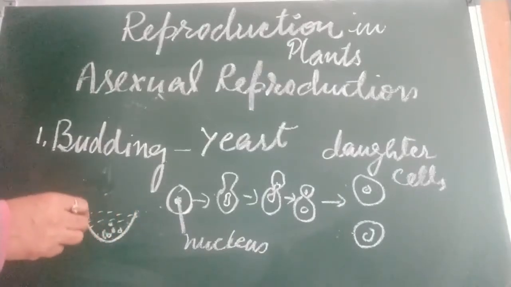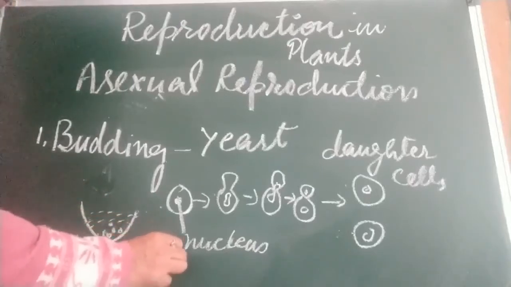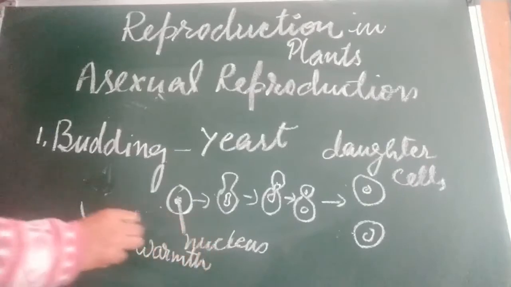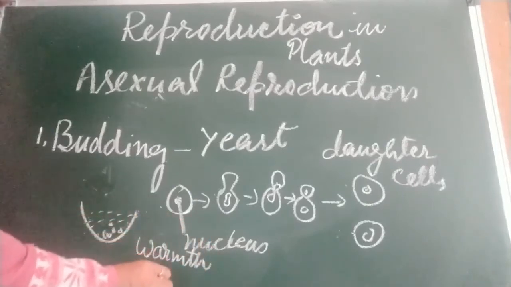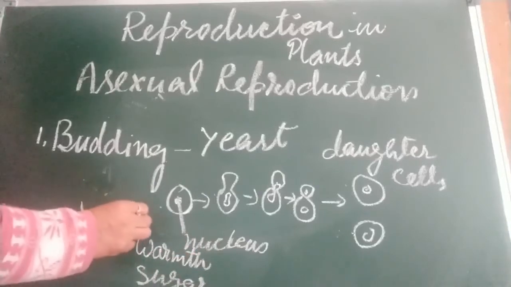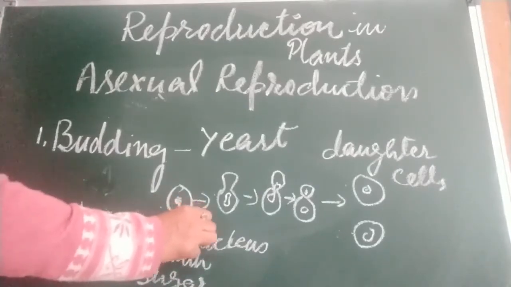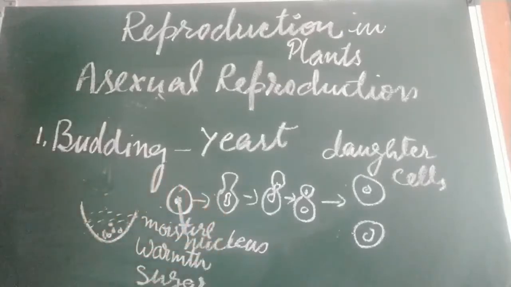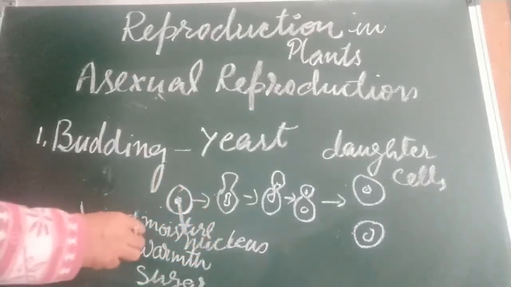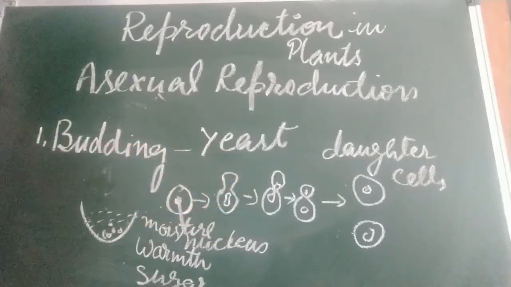Because it got the favorable conditions. What? Warm water, warmth. Food is sugar. Warmth, sugar and water. Water is what? Moisture. So these things are important for the growth of the cell. And this grows and multiplies from one to many.